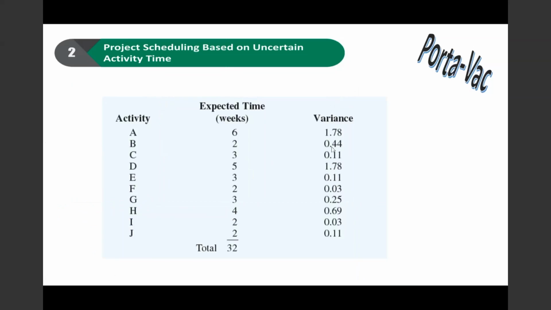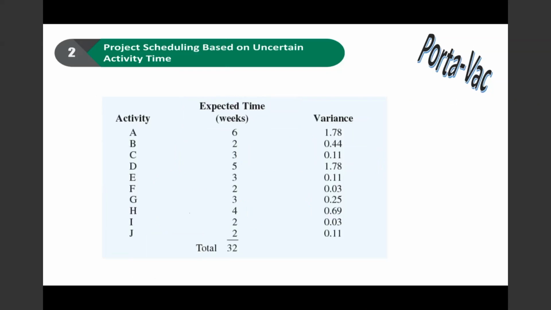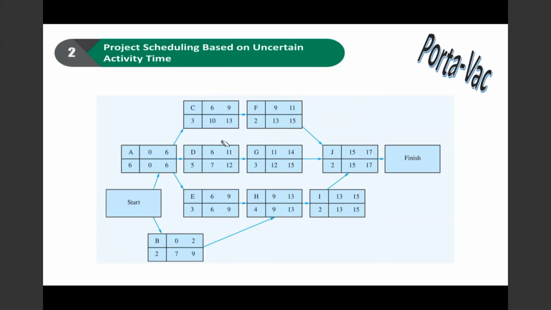So then, using this expected time, we can then complete our project network. Remember, in project scheduling based on uncertain activity time, this time here is your expected time or your mean time, for each of the activities.